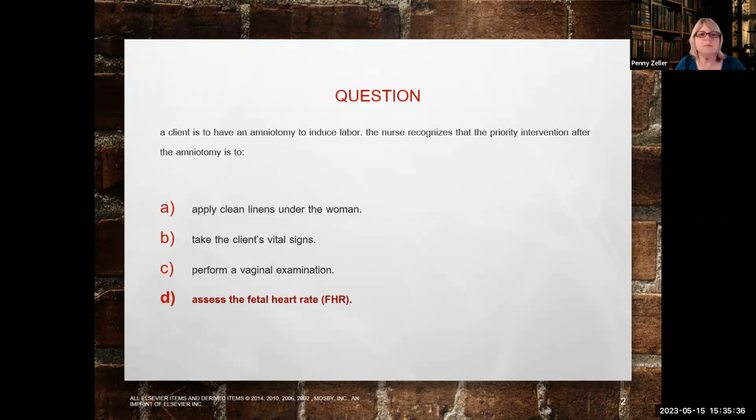What kind of heart pattern would you see? Variable or prolonged decelerations. Yeah, variable for sure, okay? Because every time that cord's pressed, the heart rate is going to drop. So we usually see a very sharp V, whether there's a contraction going on or not, okay? So it's variable. Good.